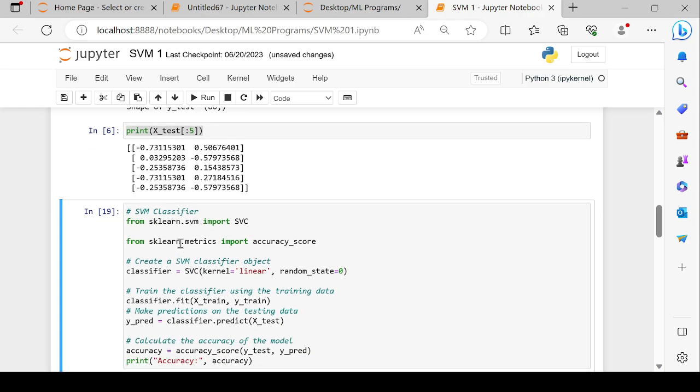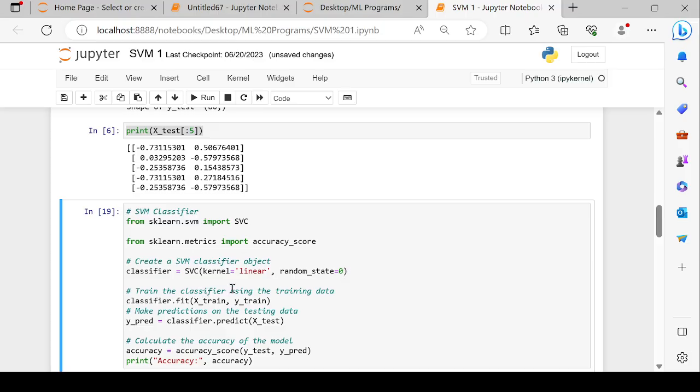Now we go to the SVM classifier. From sklearn.svm, import SVC, that is the SVM classifier. From sklearn.metrics, import accuracy_score because we want to find accuracy. Create an SVM classifier object: classifier equals SVC, kernel equals linear, random_state equals 0. So here we are building a linear classifier.